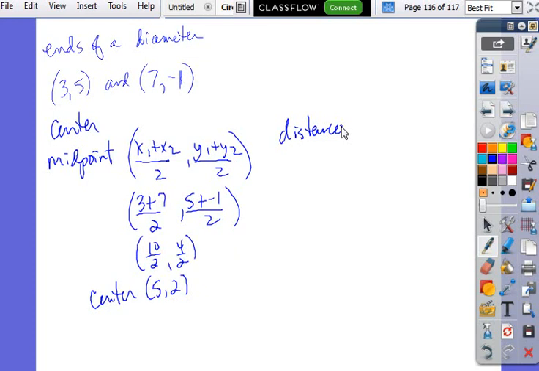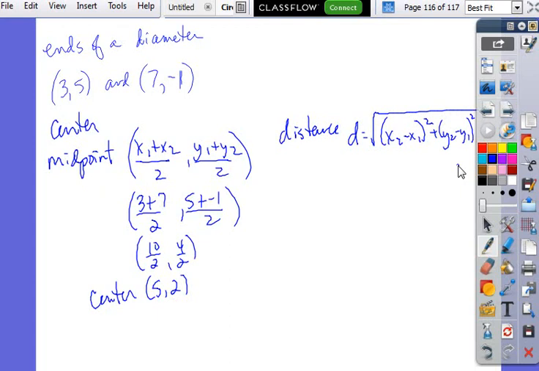So the distance formula is that right there. The square root of x2 minus x1 squared plus y2 minus y1 squared. So, again, I've got to use the center.